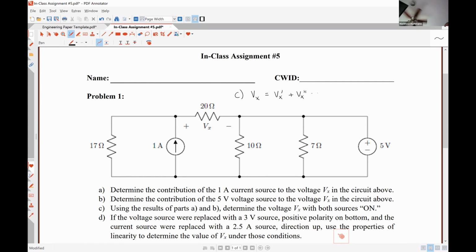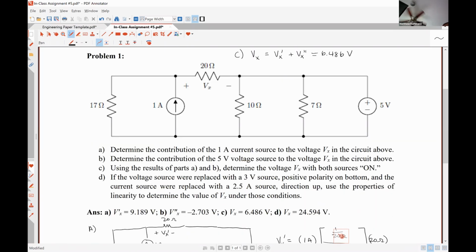So we can just add our results of parts A and B. And we find that we get 6.486 volts. There we go.